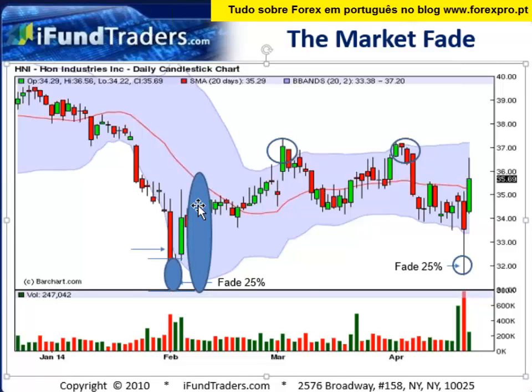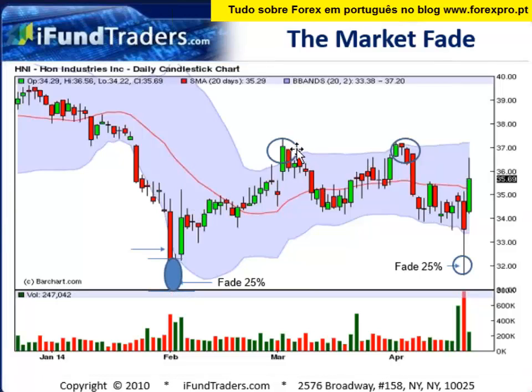Okay, now I have circled here some moves that are not completely outside of the bar. The reason why I do this is that some traders will take their chances using the same concept if the bar just pokes through. The preferred or the real approach is when the bar is almost completely outside of the Bollinger Bands range, but you do get a lot of opportunities where it just pokes through and you still get a move to the opposite end.